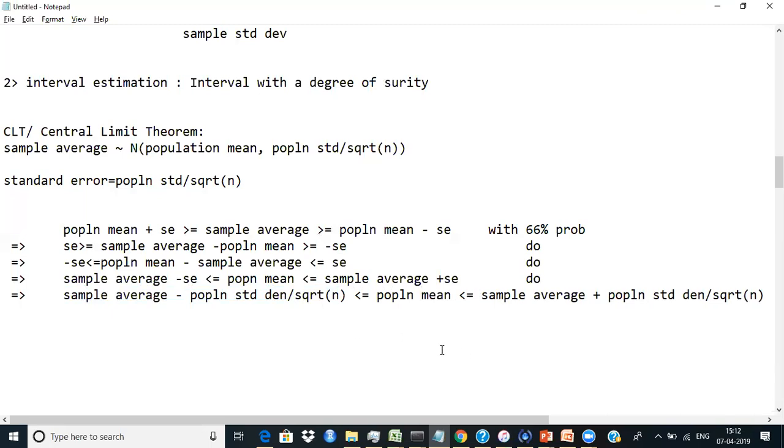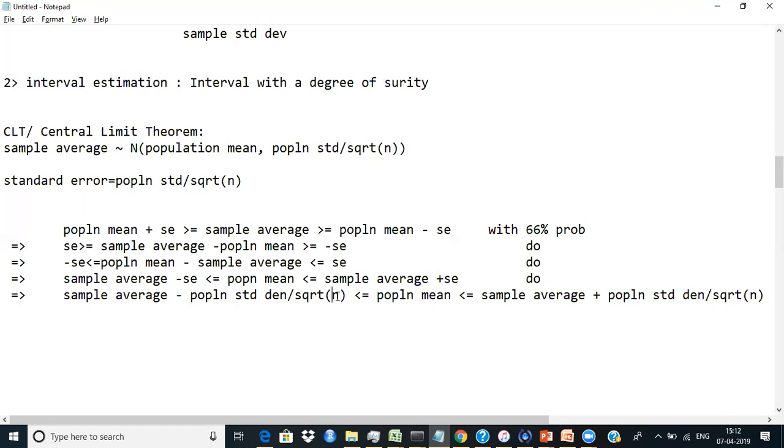Now, if I increase the value of n, any sample size, will my interval become narrower or wider? Narrower, right? The interval will become narrower.